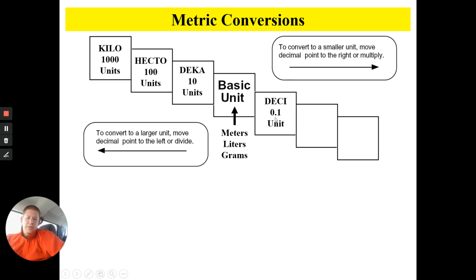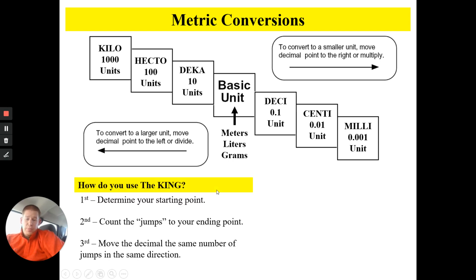As we continue down the stairs, we get to deci, which would be 1/10 of a unit, then centi, which would be 1/100th of a unit, and finally milli would be 1/1,000th of a unit. So if you think about it, with each jump we're either getting 10 times bigger or 10 times smaller. Which direction we're going will determine which direction we move the decimal.